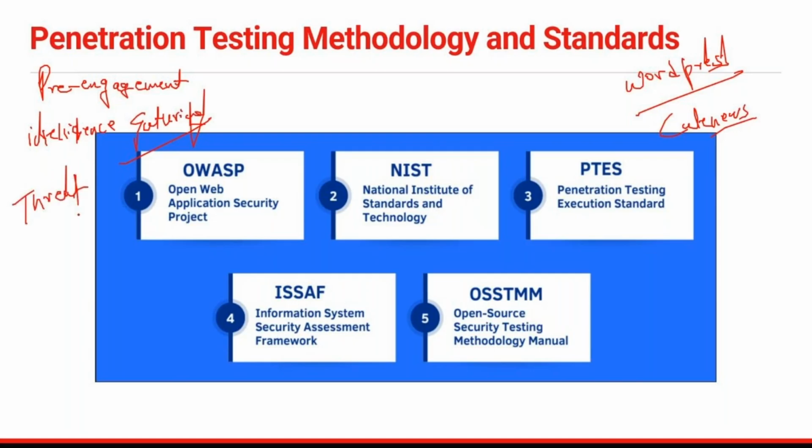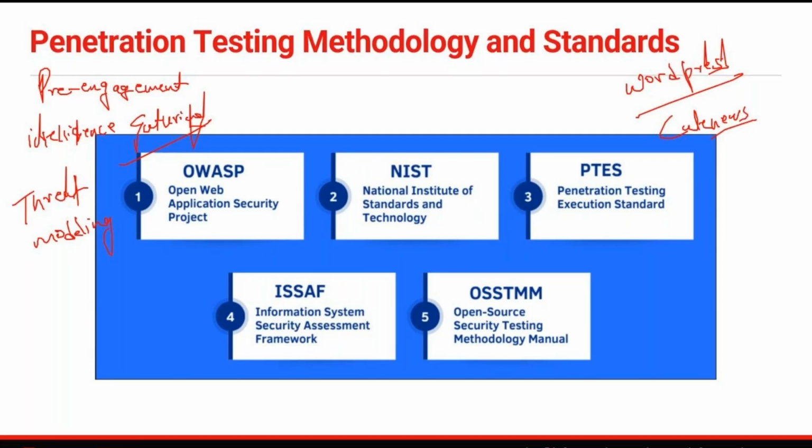Then once you have gathered the information, you will do threat modeling. Now, threat modeling basically does what? It identifies potential threats and attack vectors based on the gathered intelligence. That is, what can be the threats to this organization. Now, what threats can be to the organization? How to find that out?